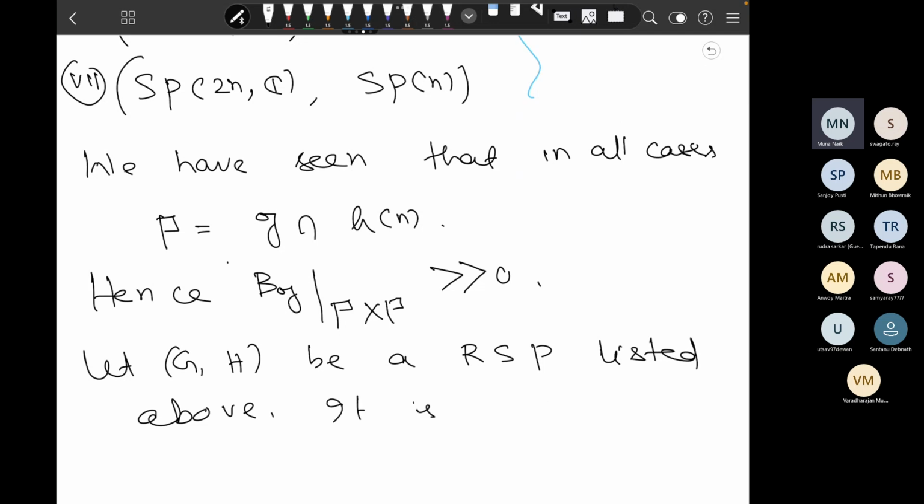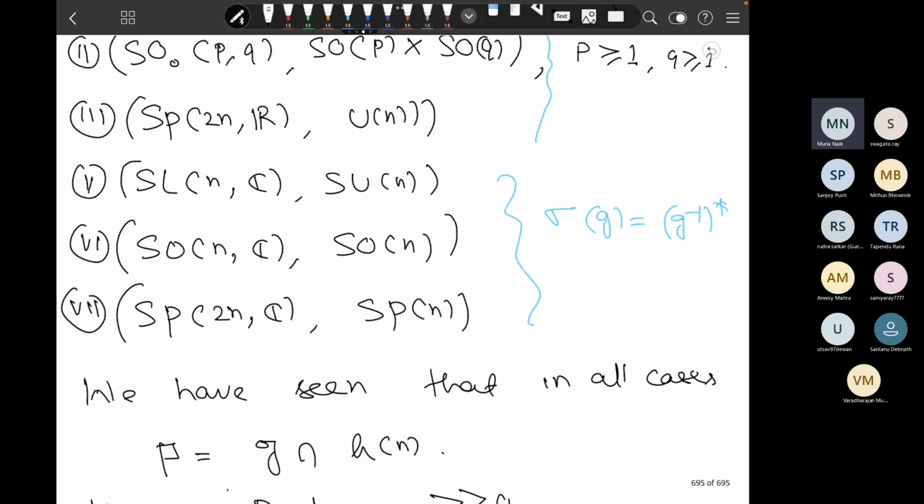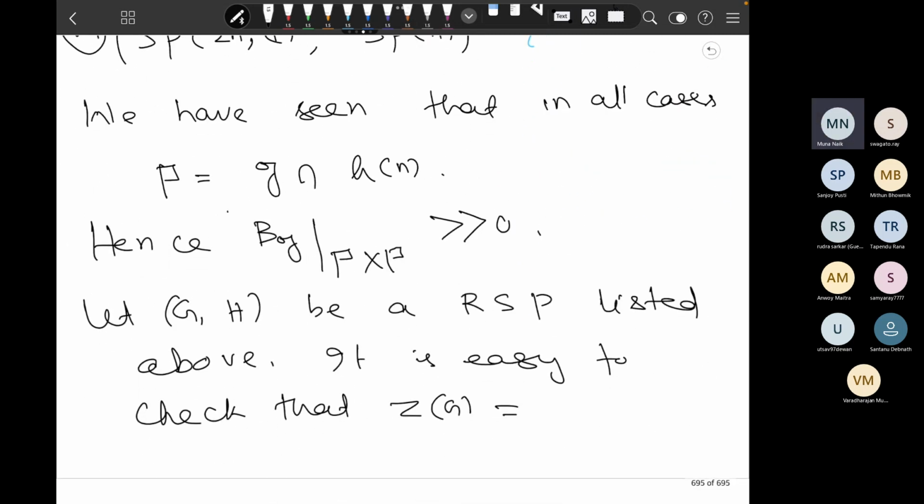It is easy to check that ZG is finite. So ZG is equal to plus minus identity.